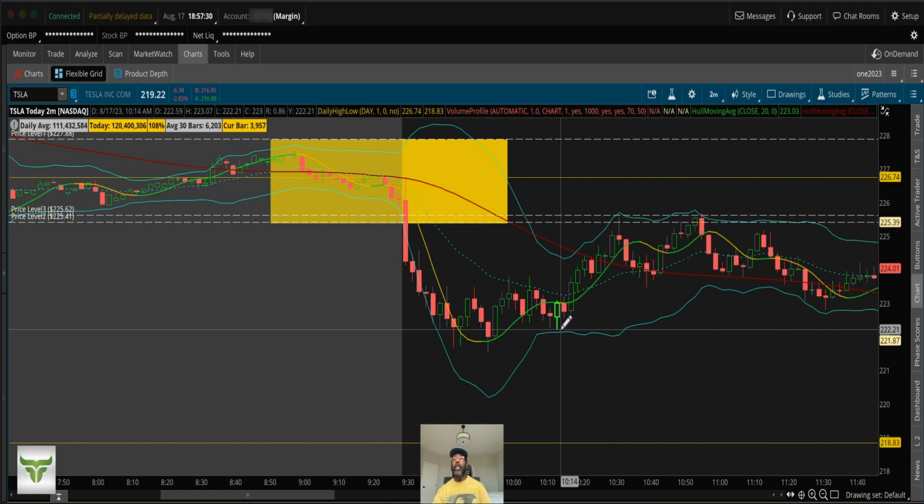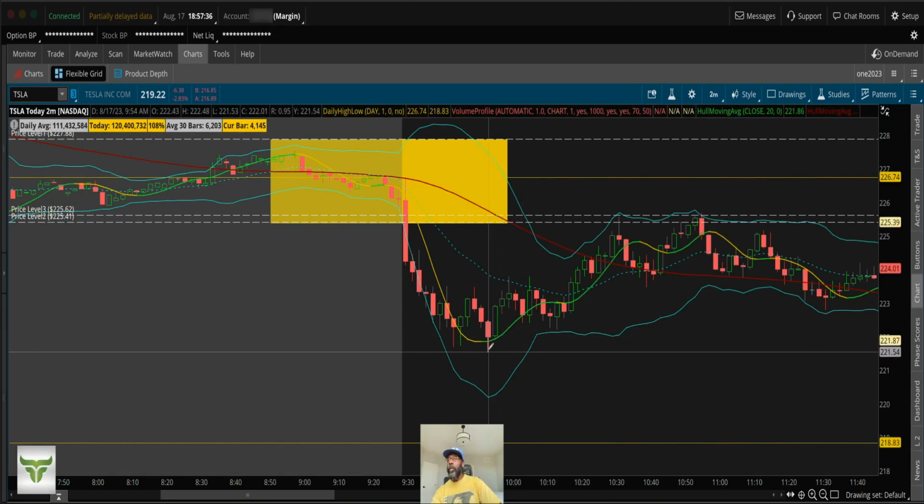What did we get? We got the 225.50. I mean, what a beautiful trade. By all rights, this is the dollar to the downside where you were actually in the money here.